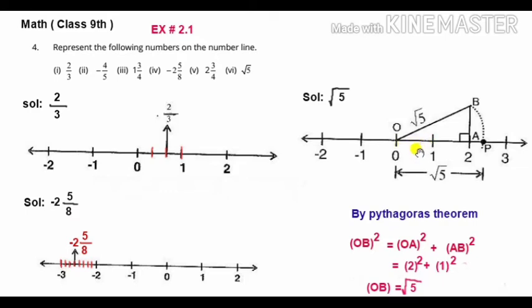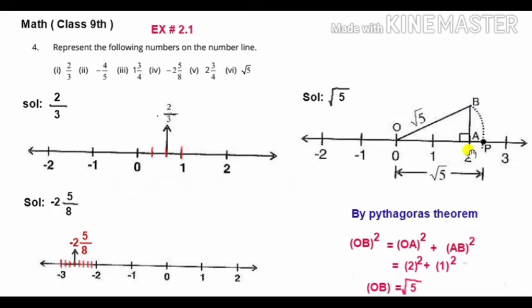Take the base of length 2 units and the length of perpendicular 1 unit. Base and perpendicular, any one length should be equal to 1 unit. I take the length of perpendicular 1 unit.